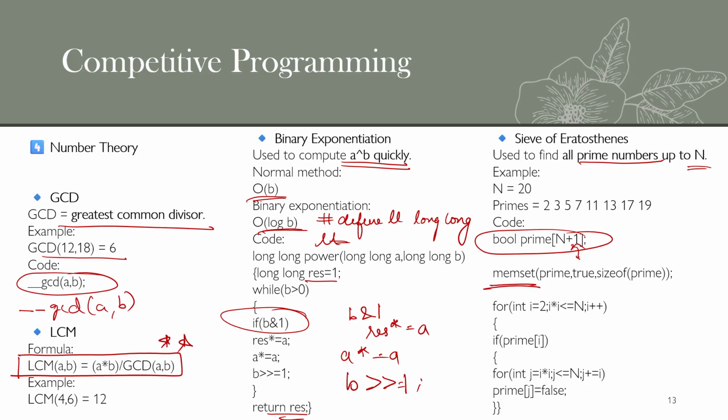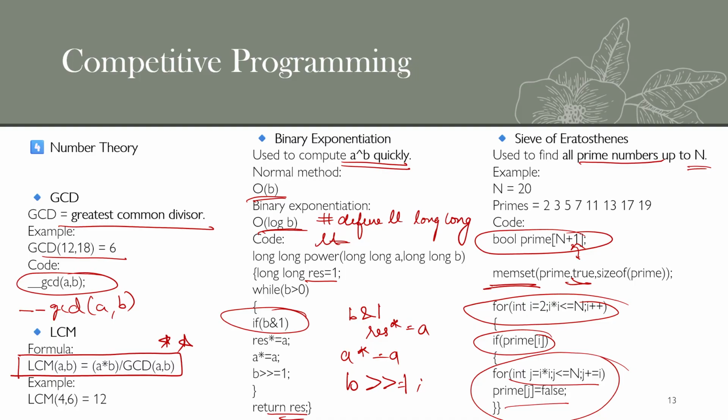Then we use memset to initialize the array with true value. From 2, if prime of i, then if not, return false. This is basically the concept. I'll erase this. So this is basically the concept.